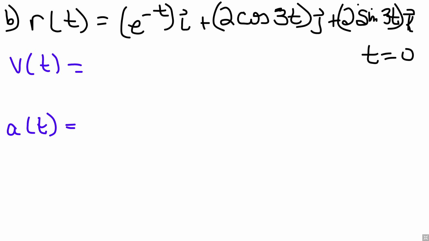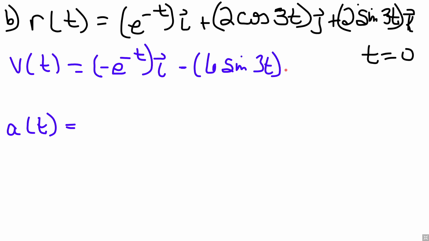Okay, so let's see what we got. For the velocity vector, you should end up with negative e to the negative t in the i direction, minus 6 sine of 3t in the j direction, plus 6 cosine of 3t in the k direction.